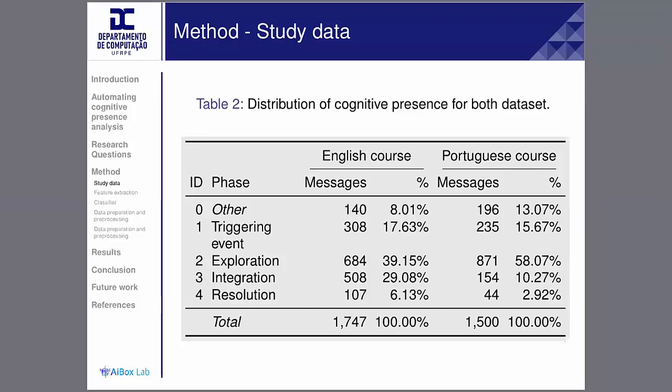As you can see, both data sets are imbalanced. The triggering events and resolution classes have fewer instances in comparison with the other classes, and executing a sampling algorithm may be important in these cases.